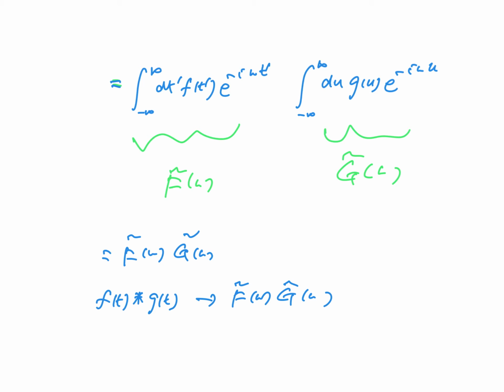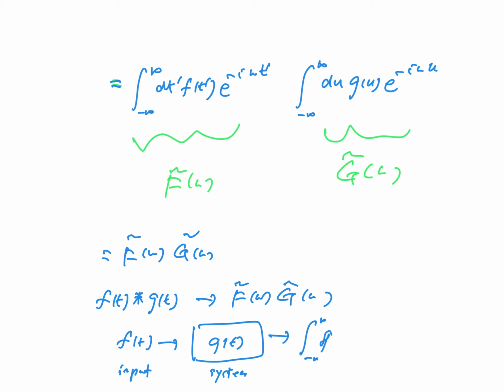So this is more like if you regard f(t) as an input and g(t) as a system, then the final result is the following: the integral of g(t - t') f(t') dt'.